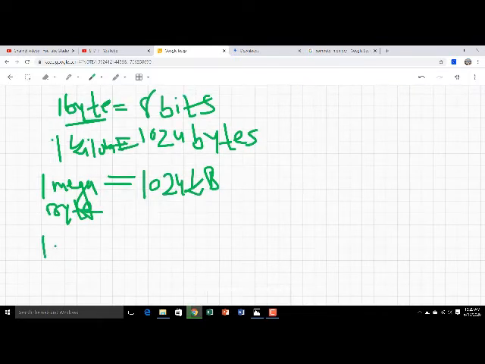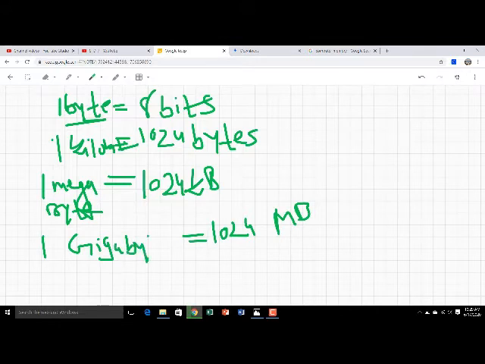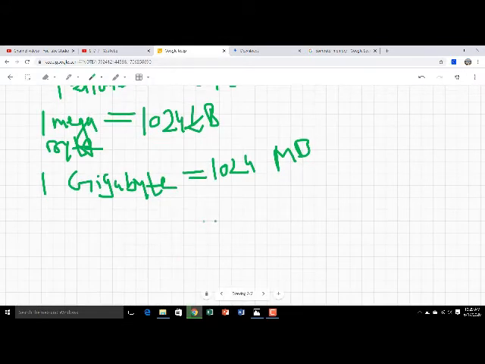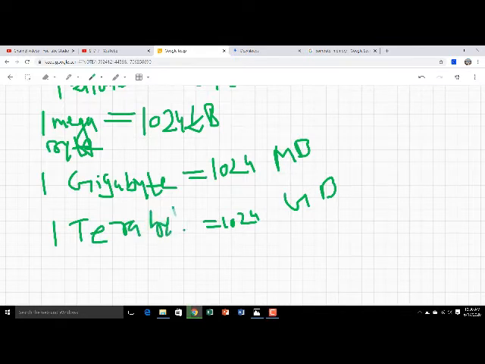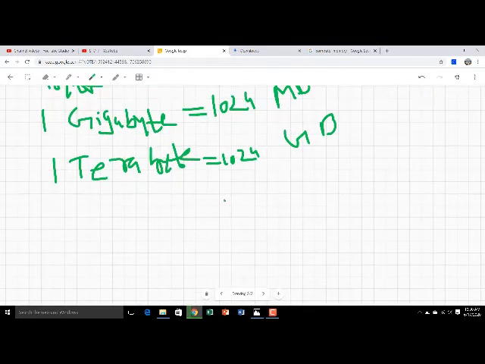1024 megabytes equal 1 gigabyte. And 1024 gigabytes equal 1 terabyte, meaning 1 TB. 1024 terabytes equal 1 petabyte.